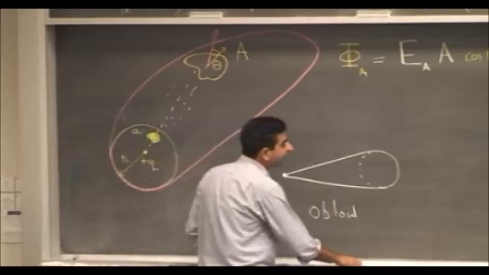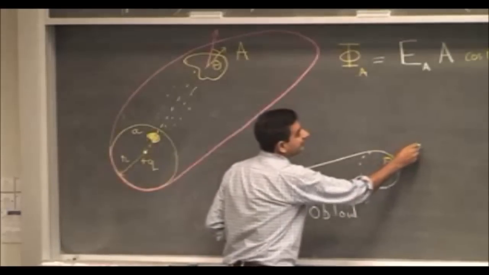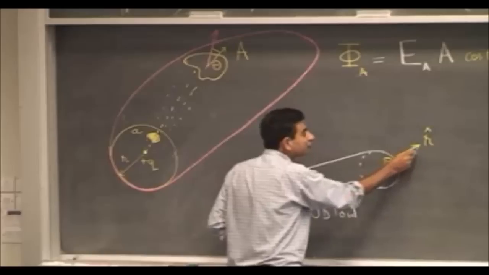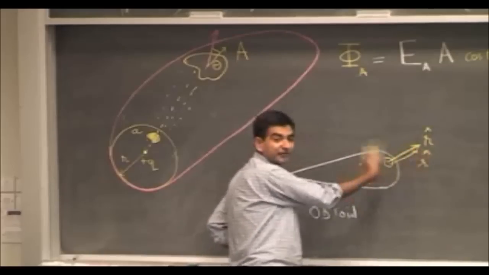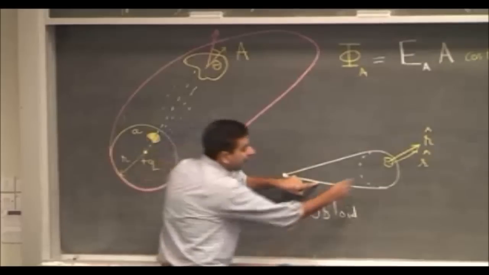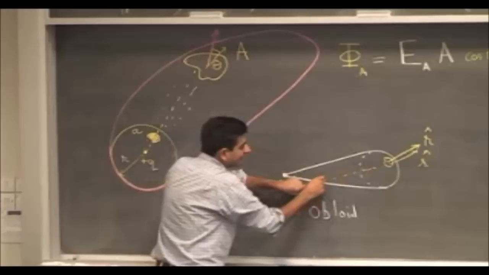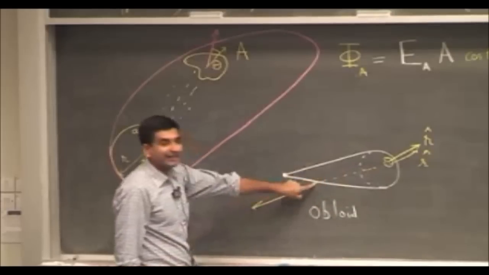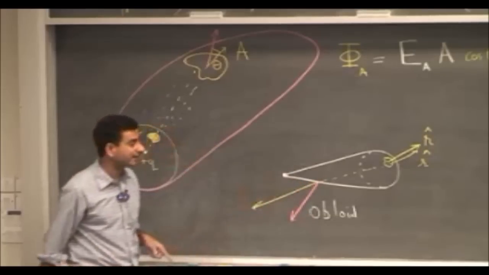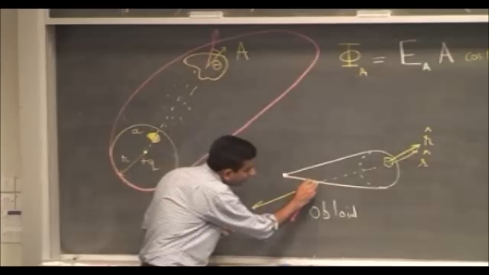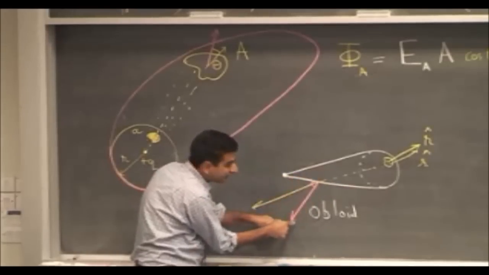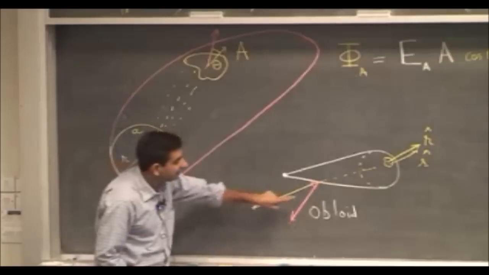Alright. Now on the sphere, the electric field is spherically outwards. It's along the direction of the radius. And this area is also spherically outward, along the radius, because this is a sphere. At this point, the electric field is radially outwards, but the area vector is not radially outward. The area is pointing in some other direction. And how do I know that direction? I take this point, find the normal to the tangent of this curve, and I get the area vector. So this area vector now acquires a certain angle theta with the electric field.